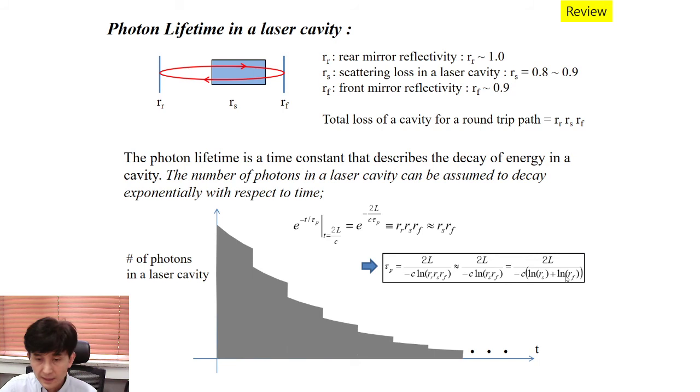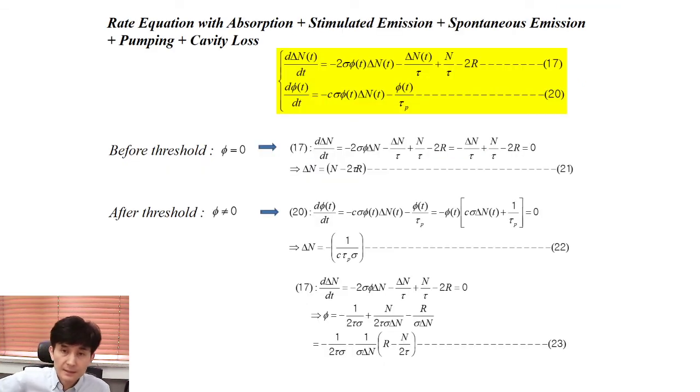So finally we have this representation of the photon lifetime with respect to RF and Rs. This is the photon lifetime, and this is the important concept to describe the photon flux intensity inside of the cavity.